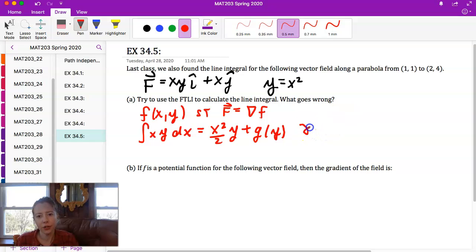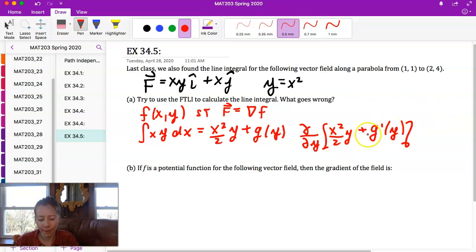And so then the partial derivative with respect to y of x squared over 2 y plus g of y is going to be equal to, so with respect to y, we get x squared over 2, plus g prime of y.